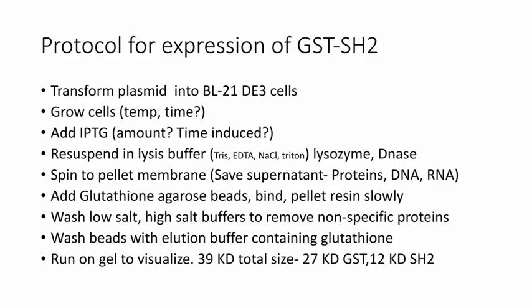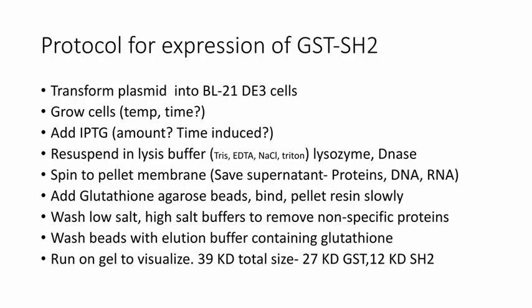We're not adding enough glutathione agarose really to be able to get all of the GST SH2 out that we have expressed. If you were doing this in the real world to isolate SH2, you would want to make sure you added enough glutathione agarose. But in this case, the glutathione agarose is pretty darn expensive, and we don't need to use a whole bunch of it just to prove the point.